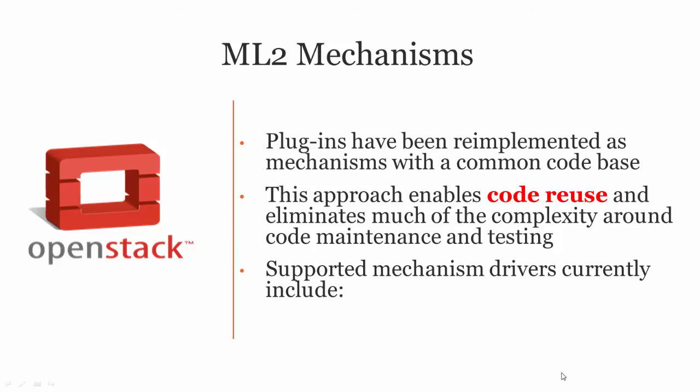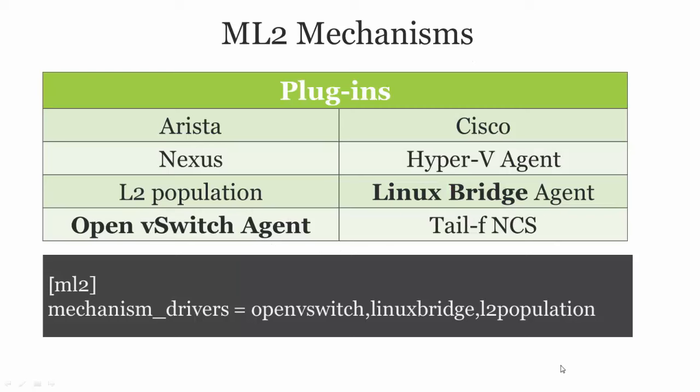Modular Layer 2 drivers now include Arista, Cisco Nexus, Hyper-V, L2, Namespaces, and OpenvSwitch. In this video, as the default Modular Layer 2 mechanism, I will use OpenvSwitch or Namespaces. Using these keywords, we can define the type of Modular Layer 2 mechanisms.